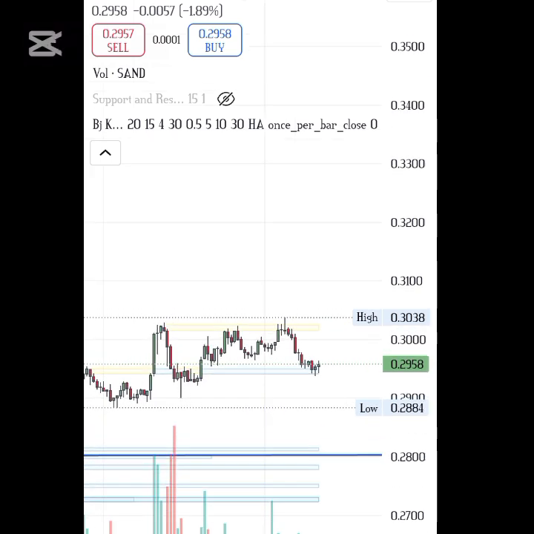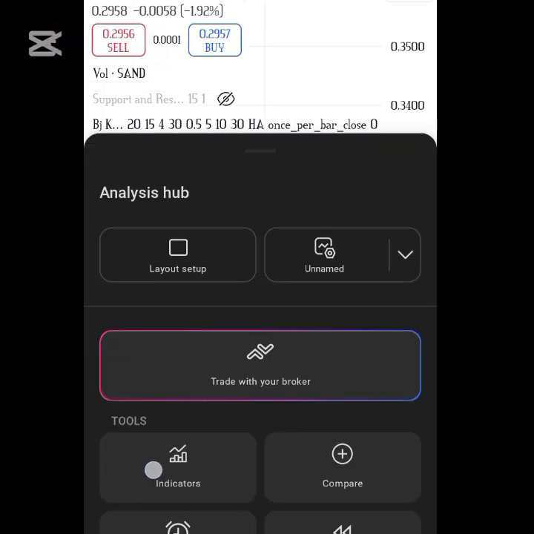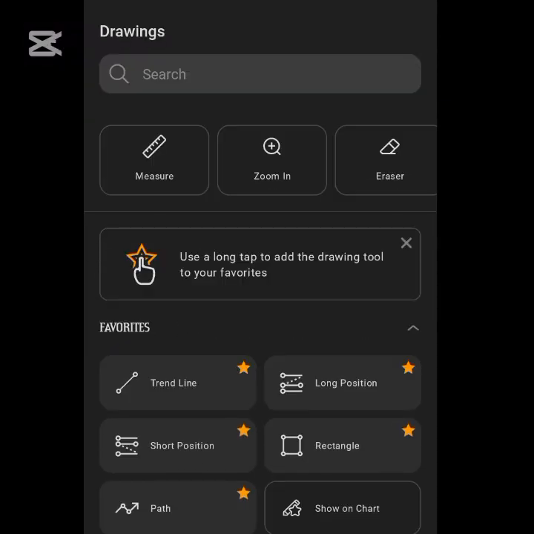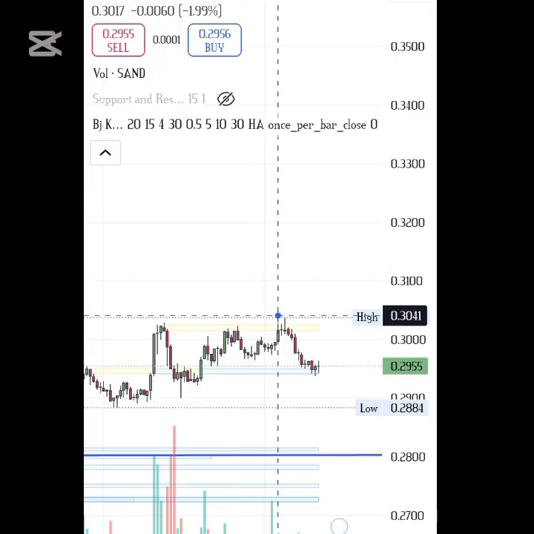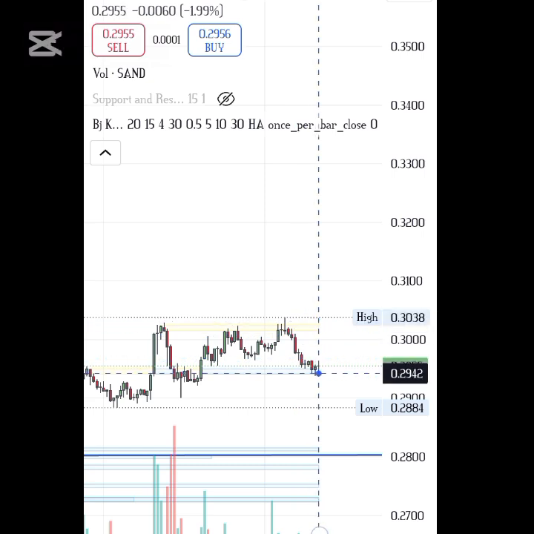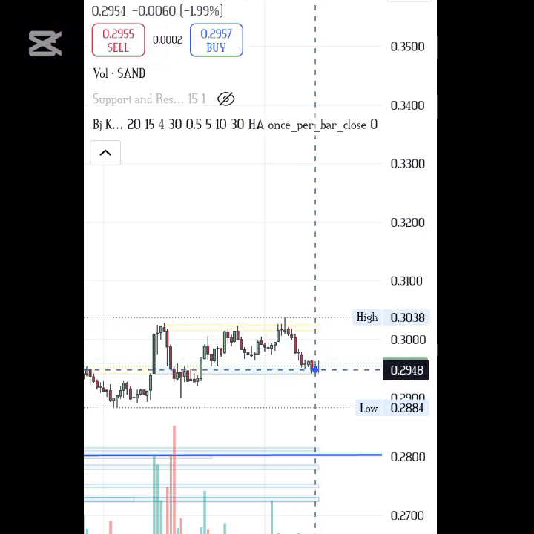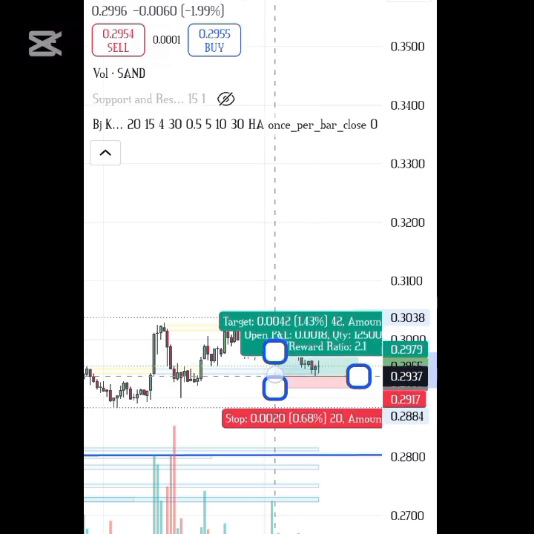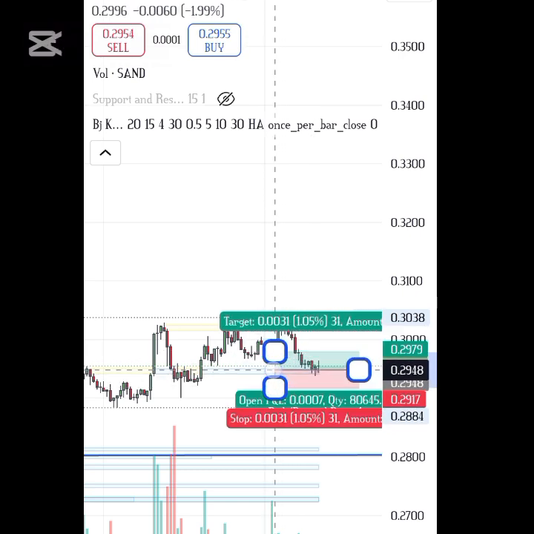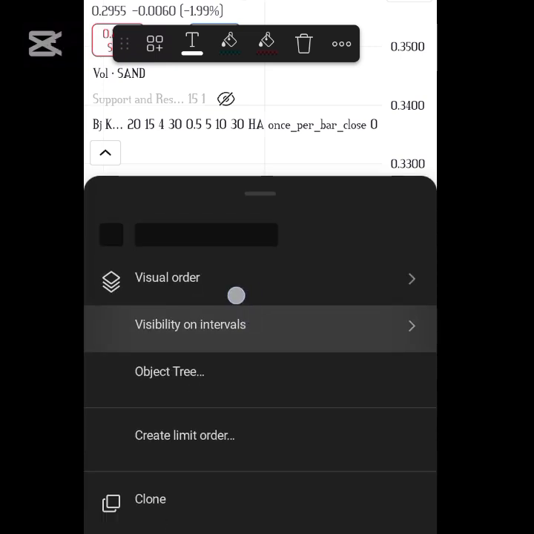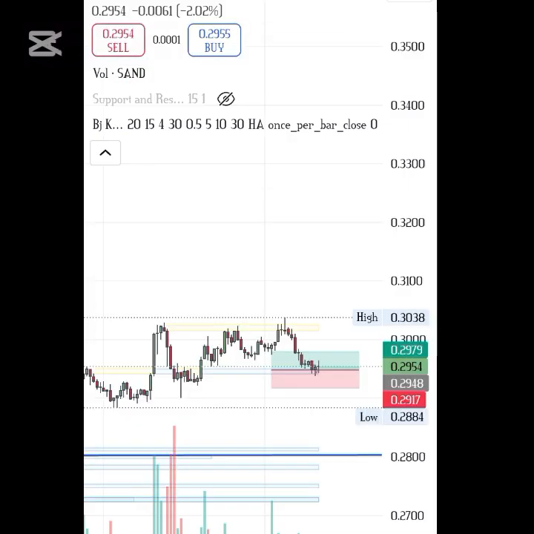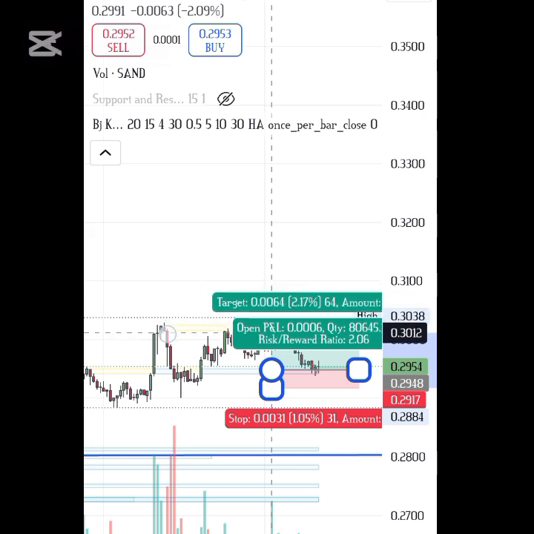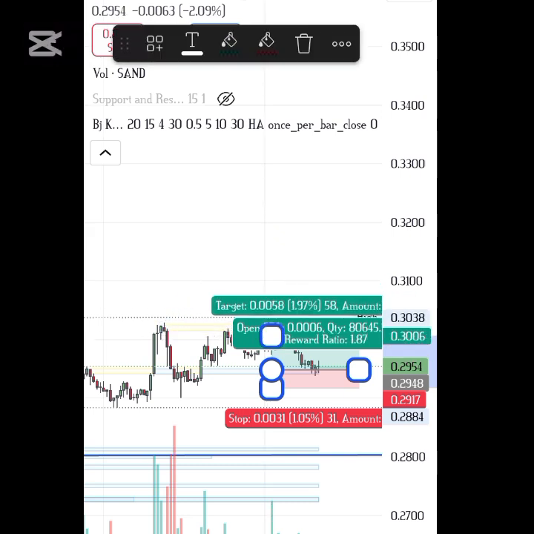So if I wanted to enter this trade now, I'll just get my long and short position tool. So if I want to enter here, I'll be looking at entering at this zone, then my take profit will be at this resistance or below this resistance, that 2%.